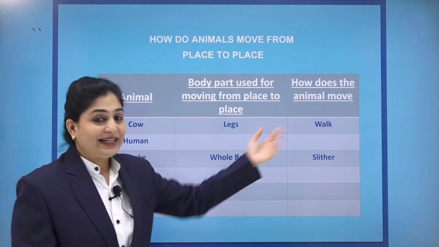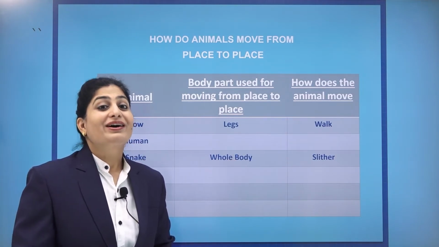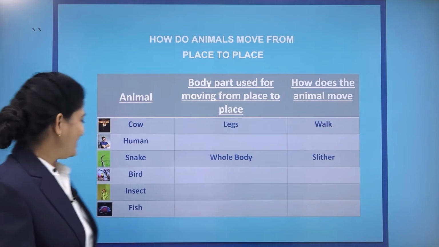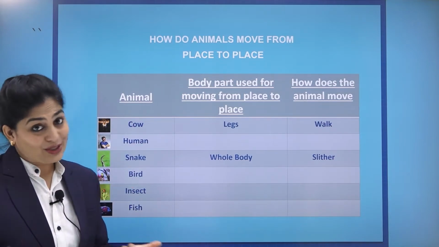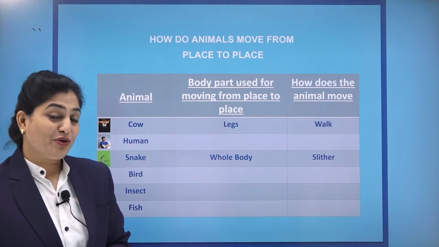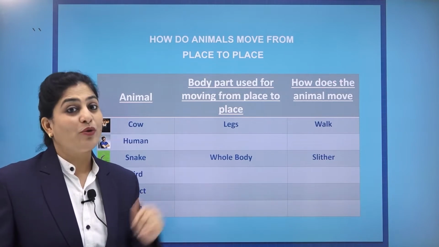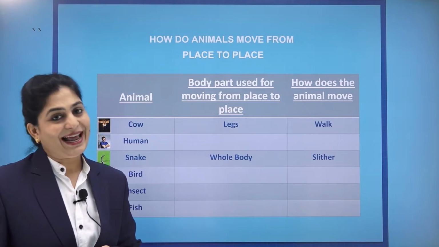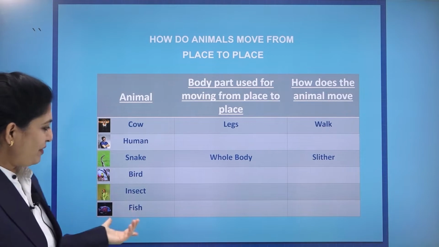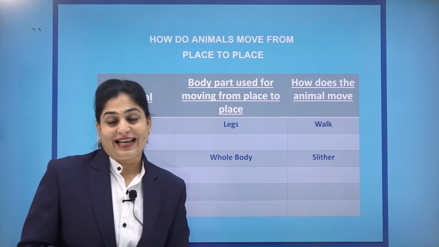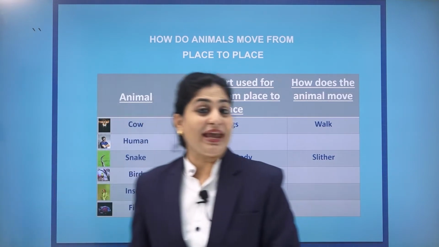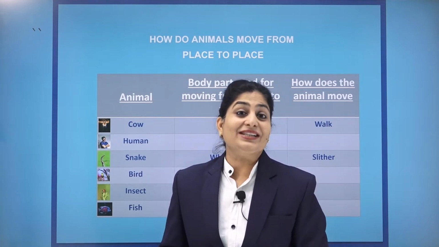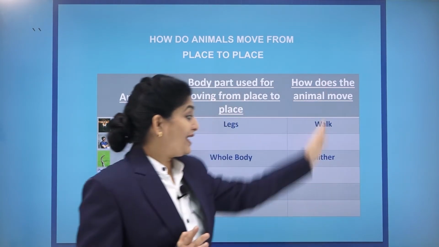And how does the animal move? They move by flying. Insects also have wings and move flying, and they even walk using their leg movements. Fish. Fish is an aquatic animal, so it remains in water and it moves by swimming.